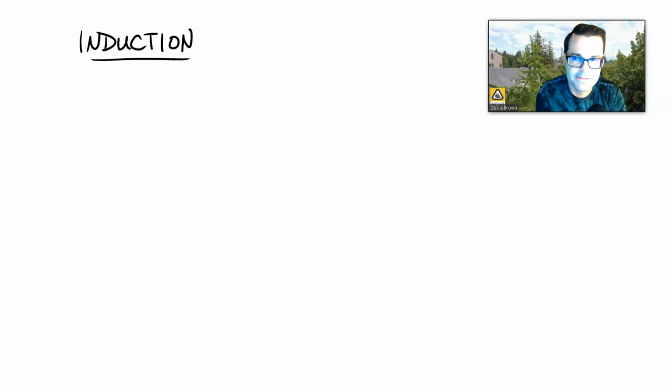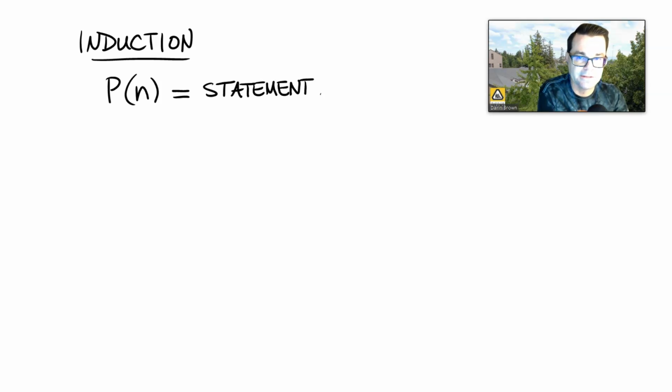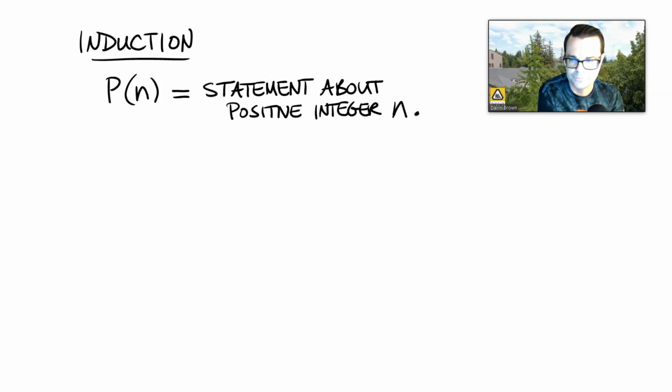So mathematical induction is a proof technique that's used to prove statements about positive integers. So if P(n) is a statement about the positive integer n, and we want to prove that this statement is true for every positive integer n, then the way we do this is as follows.